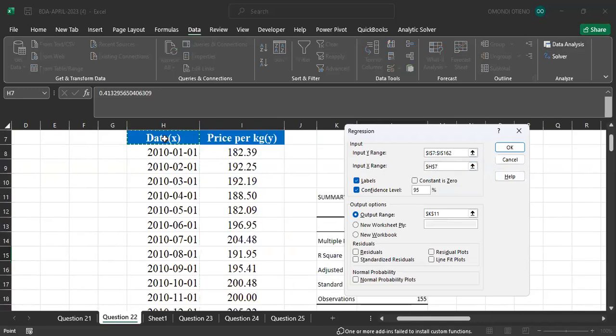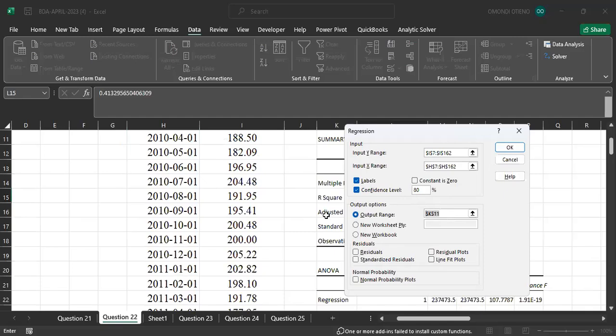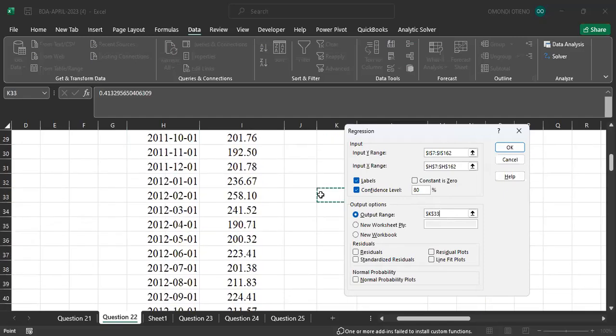This is the X input. Then I want it to confirm that I've selected the title. So you mark that box. Confidence level. Let's this time round use 80%. Then output range, let's put it below here. Somewhere here. That's our output range. Then you confirm.